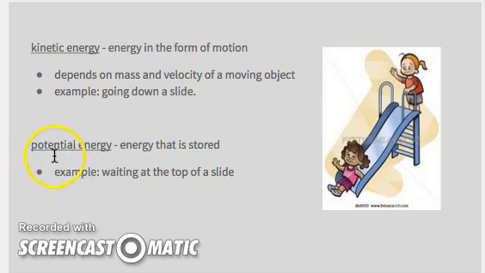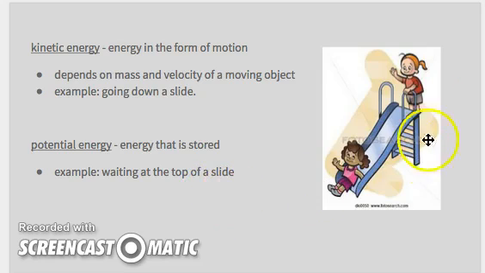Next one we have here is potential energy. Potential energy is energy that is stored. Now, energy that could be stored by virtue of its position, by its chemical composition, but there are a bunch of different types of potential energy we're going to see here in just a minute.